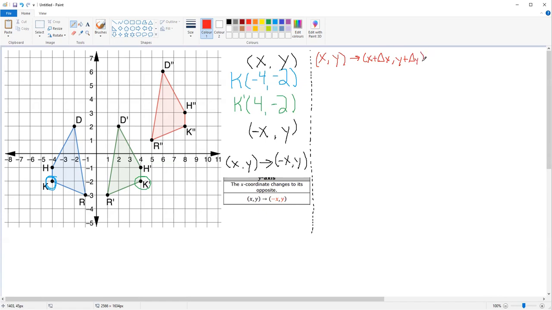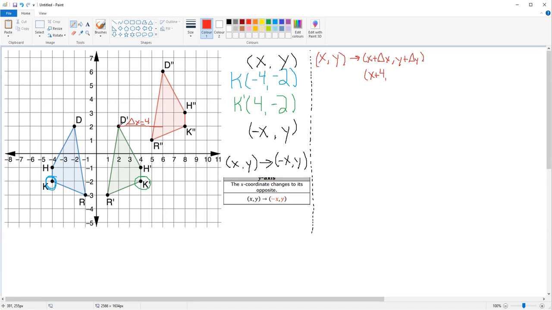When you have it on this coordinate plane, it's easy to figure out delta x and delta y just by coordinate counting. Let's use point D here. My delta x is 1, 2, 3, 4. So just by coordinate counting, this part would be x plus 4. That's how much the x value changed when moving this point.